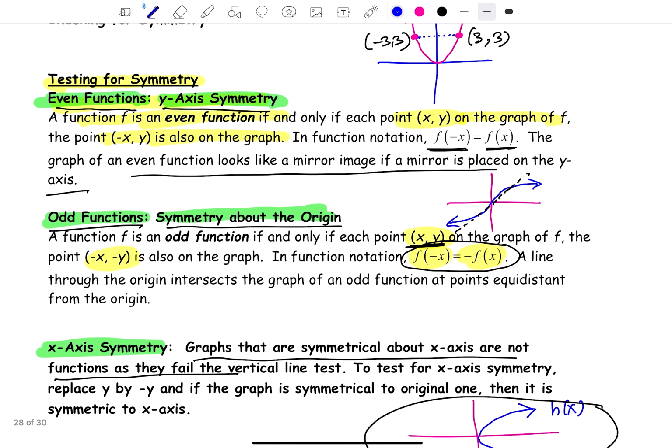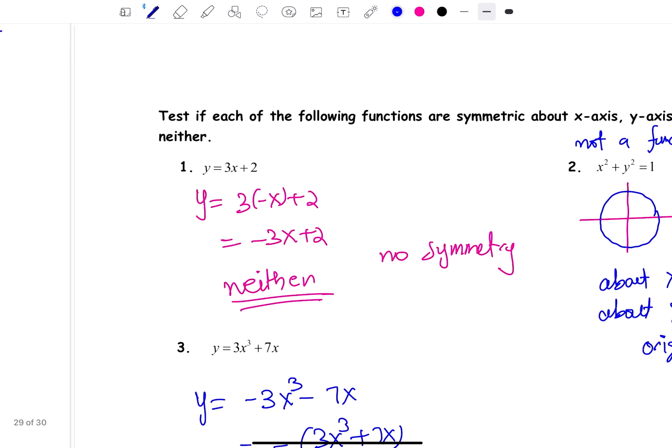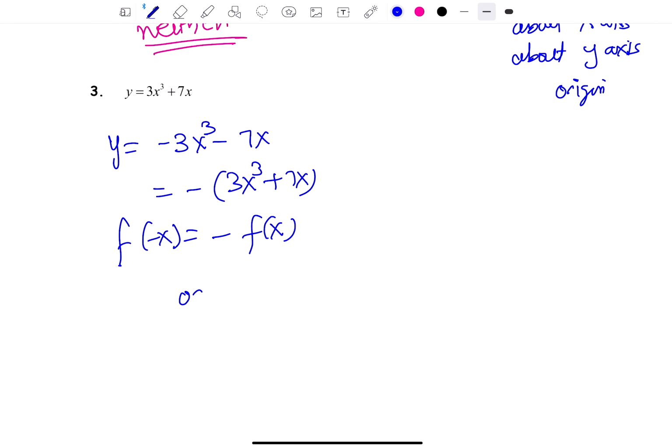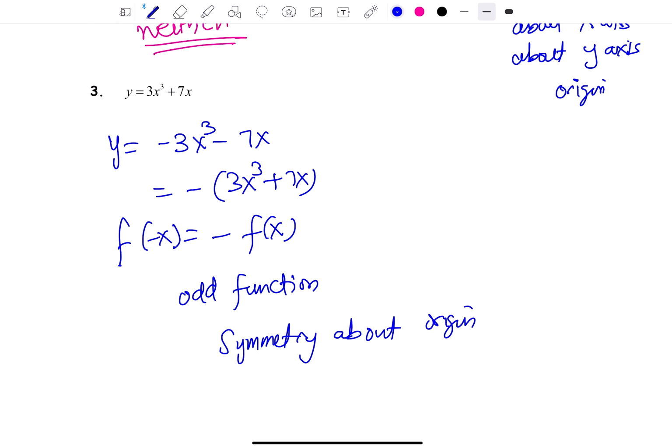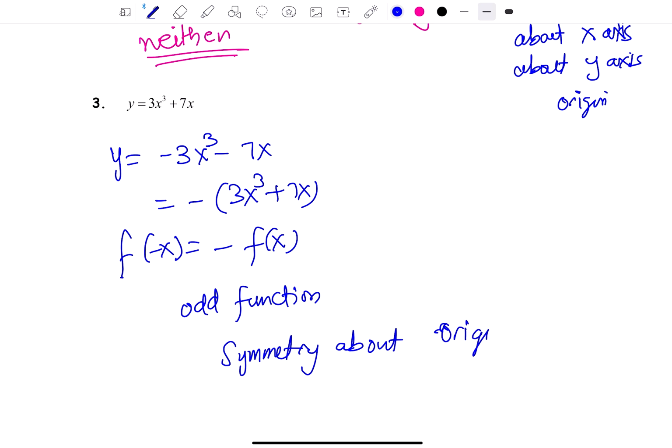That means this function will have symmetry about the origin, and it's an odd function. So this is an odd function, and it does have symmetry about the origin. That was all for this video.